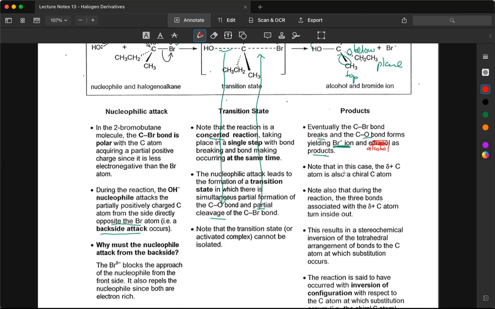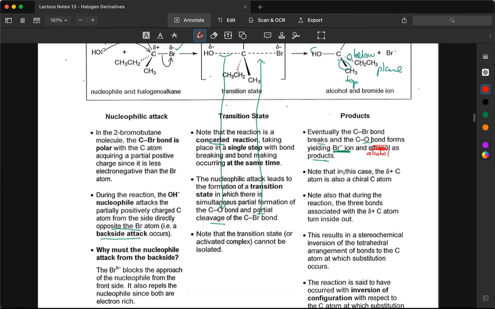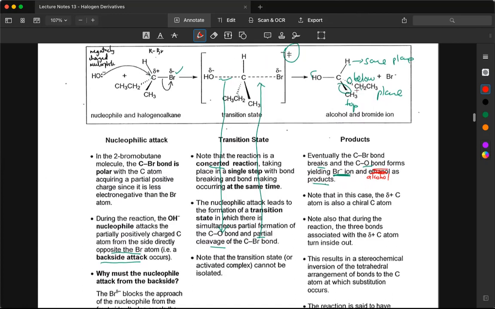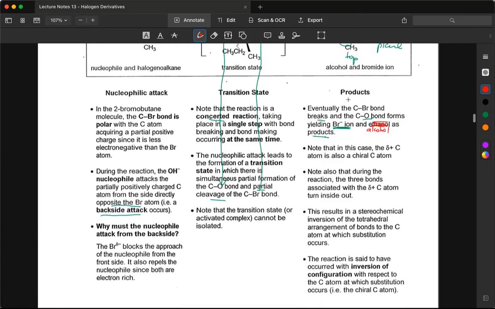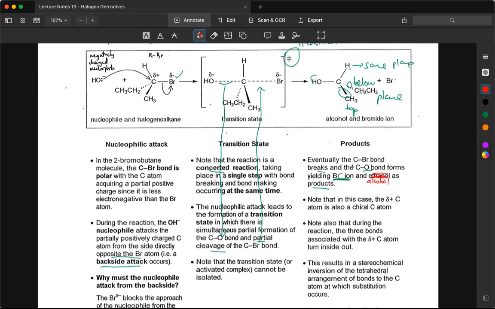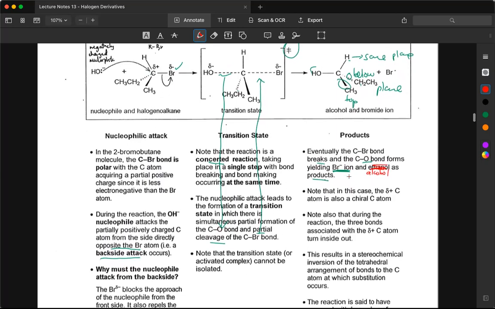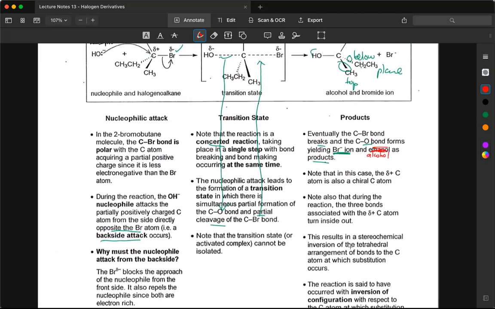Note that in this case, the partially positive carbon atom is also a chiral carbon with 4 different groups bonded to it. Note also that during the reaction, the 3 bonds associated with the carbon atom turn inside out. So there is actually a stereochemical inversion of the tetrahedral arrangement of the bonds to the C carbon at which substitution occurs.